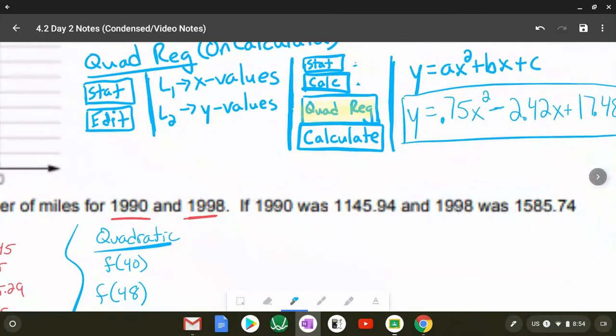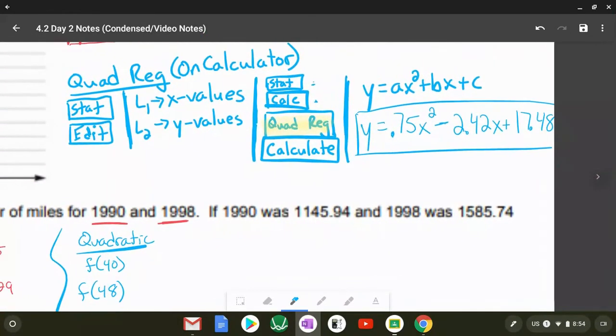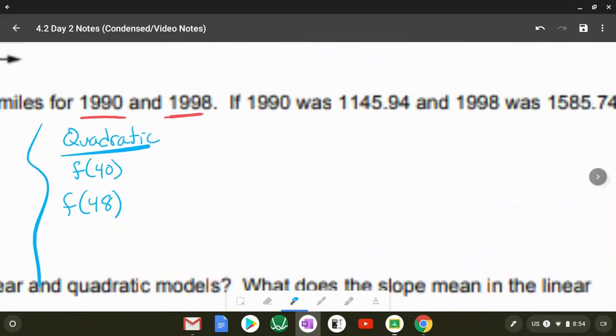So in 1990, that's 40 years after. In 1998, that's 48. And again, we're plugging in for both X's, being very careful and precise. And when we do that, we get 1120.68, and we get 1629.32. Okay.